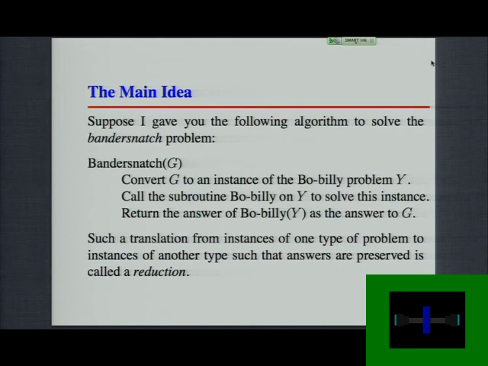So this algorithm is going to be a way to prove to us that there is no fast way to solve mobility. Yes? When you go from G to Y, you make Y really, really big. Okay, so you're getting into a subtlety. The answer I would tell you is, if in the course of translating G into Y, you created something humongously big, how much time does it take to print out something humongously big?